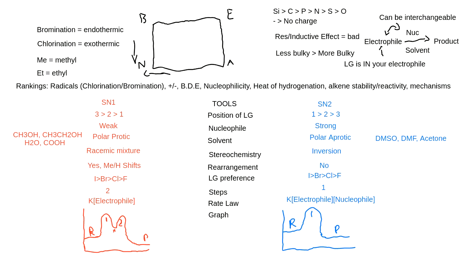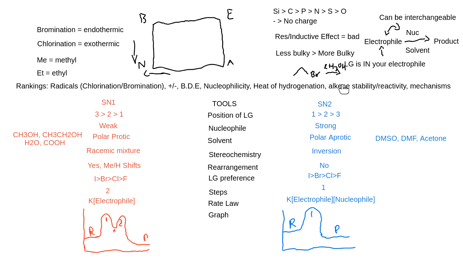So for example, if I do this, and then I have, let's say, CH3OH. So let's say I have methanol. Now methanol can be a nucleophile or it can be a solvent.